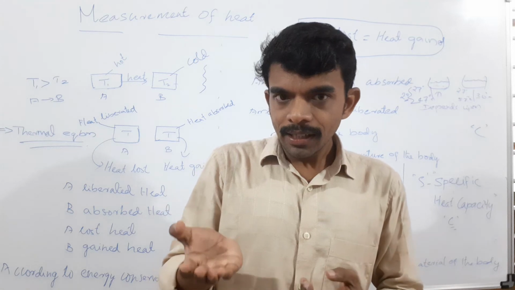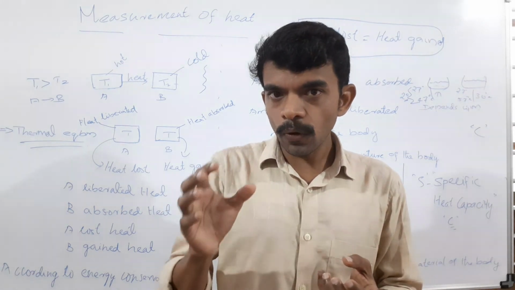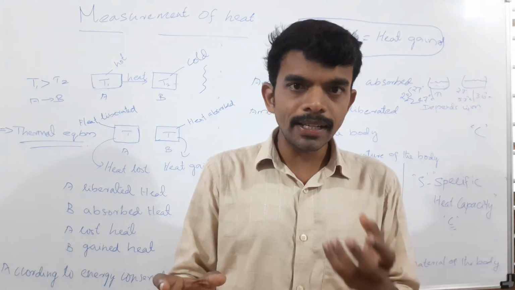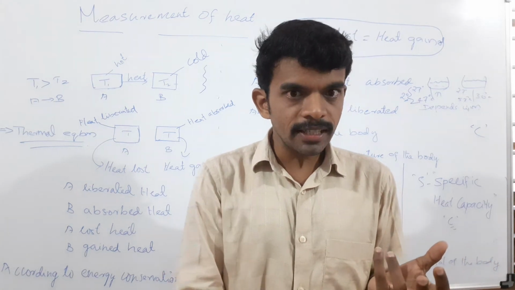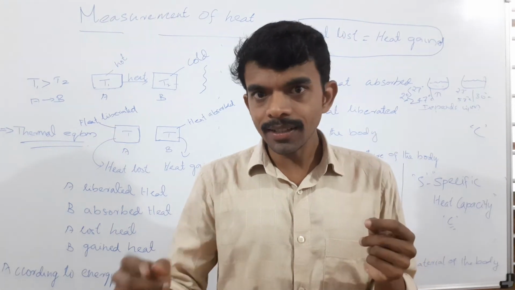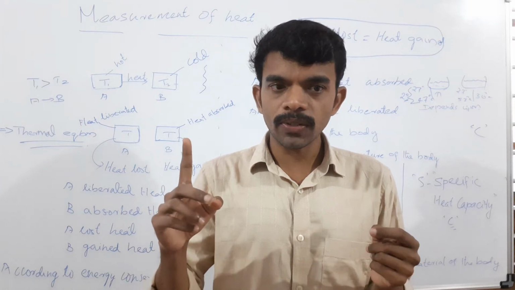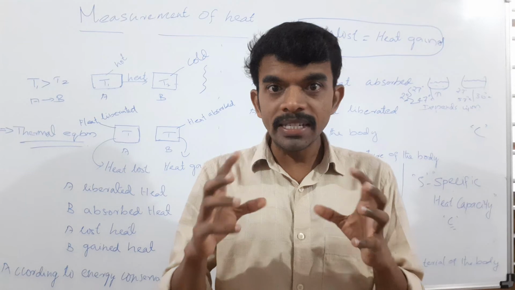Meaning that the heat energy needed for iron is less than the heat energy needed for water. So water needs more heat to raise 1 degree Celsius than iron does. This is because of the material difference.